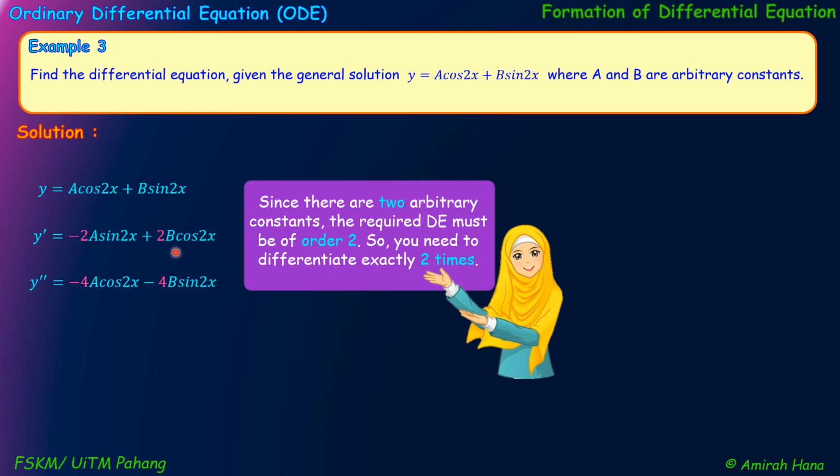And then we have constant 2b times cos 2x, so we still put 2b in front. Then we differentiate cos 2x, we get negative sin 2x. After that, we differentiate 2x, so we get 2. And then, 2 times negative 2b, so we get negative 4b.